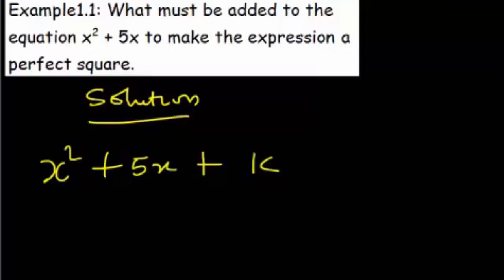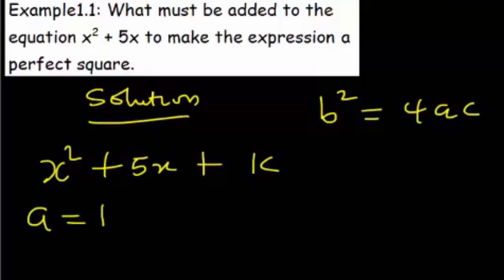Already I've told you that for an equation to be a perfect square, the formula you are going to use is b squared equal to 4ac. From the expression, the coefficient of x squared is 1, so a is equal to 1. The coefficient of x is 5, so b is equal to 5.